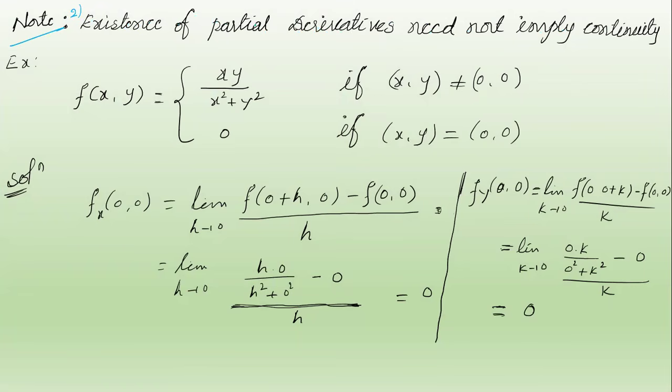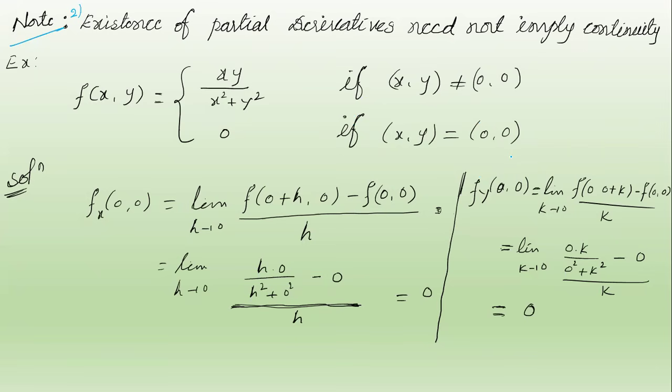For example, see here, f of x y is equal to x y divided by x square plus y square if x comma y is not equal to 0 comma 0, and 0 if x y is equal to 0 comma 0.